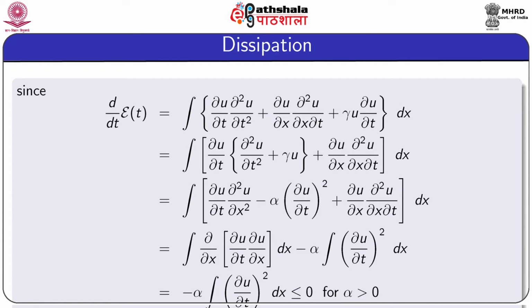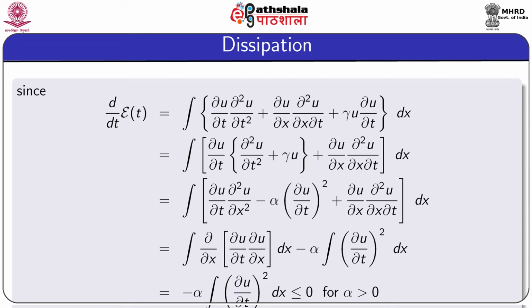Now, we take common the term ∂u/∂t from the first and third terms. That gives ∂u/∂t (∂²u/∂t² + γu) + ∂u/∂t ∂²u/∂x∂t. In the third line, we substituted the value of ∂²u/∂t² + γu from the given equation.